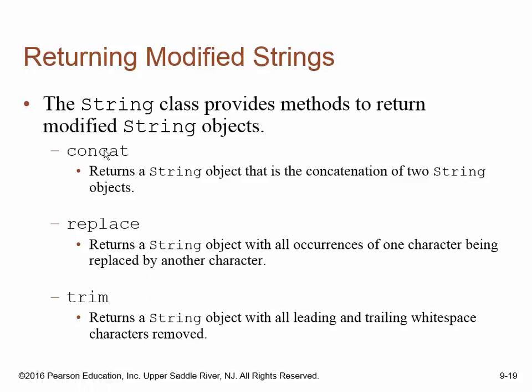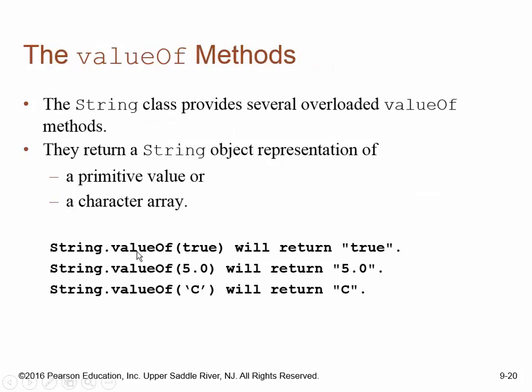A replace, which allows you to replace all occurrences of one character with another character. And trim, which gets rid of leading and trailing whitespace characters. There's a valueOf. As it says, it can be used to return the string representation of a primitive or of a character array. And they show some examples right here. For lack of better words, it grabs a value that's a non-string and converts it to a string.